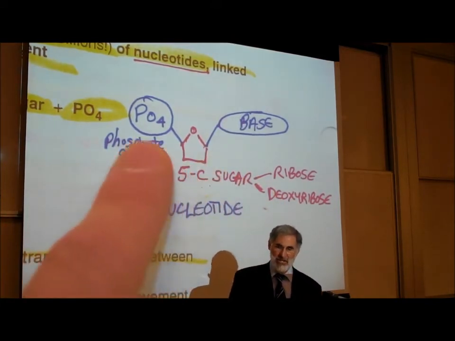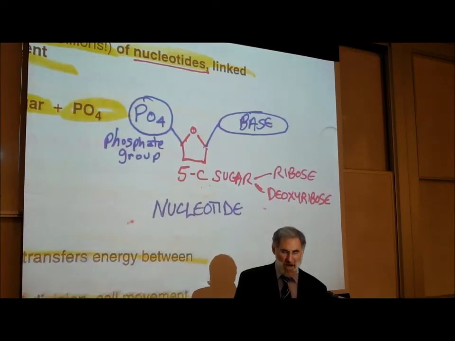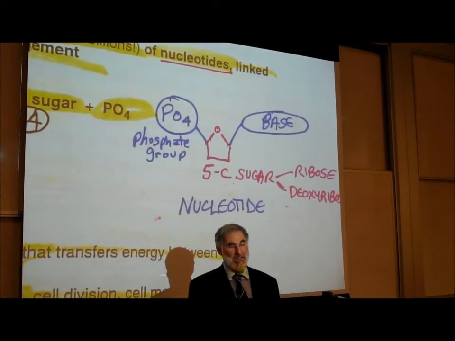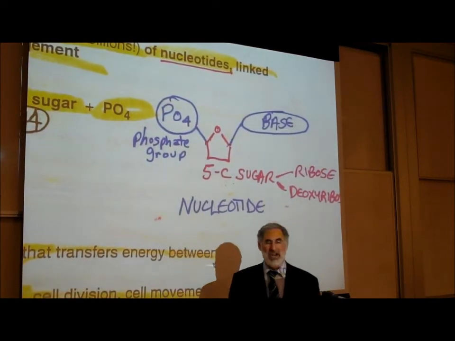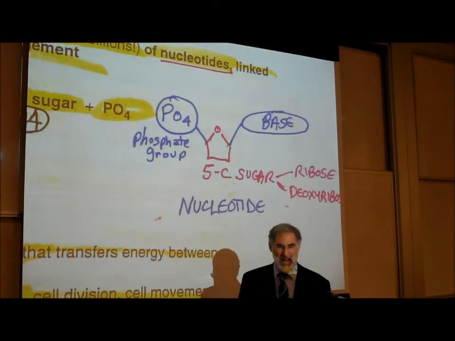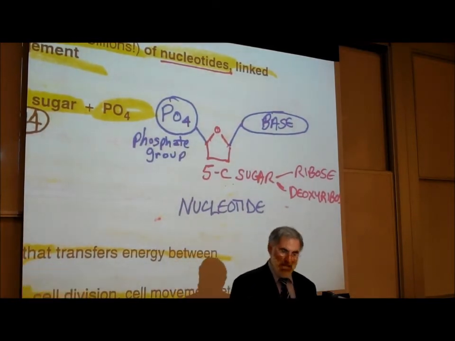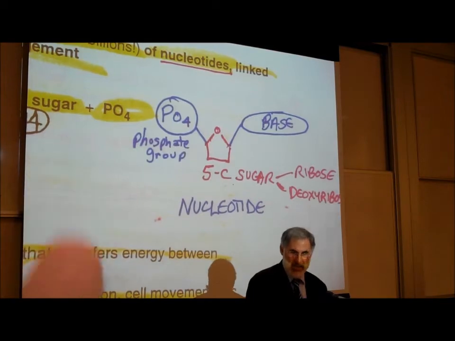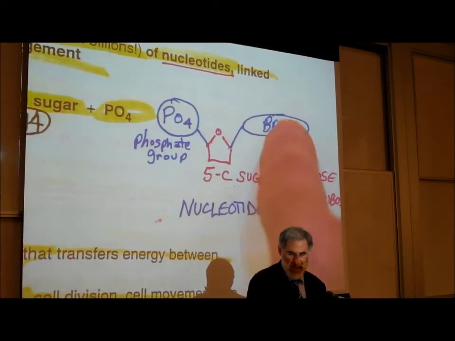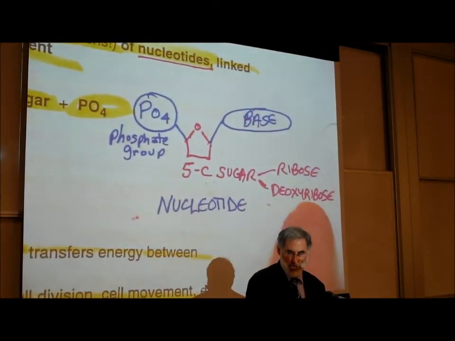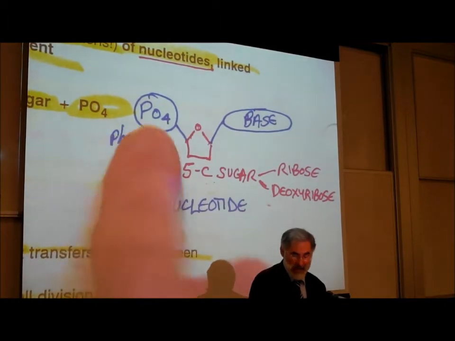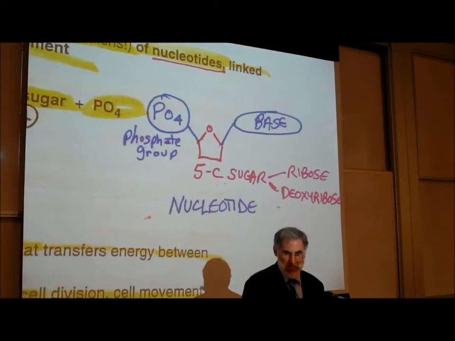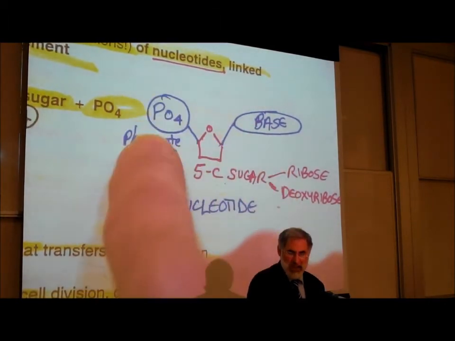And then attached to that 5 carbon sugar is a phosphate group. Phosphate, which we've learned before when we talked about phospholipids, is a phosphorus and 4 oxygens. This is called a nucleotide. It's made up of 3 things: a base, one of these 2 sugars, and a phosphate. And it might even have more than 1 phosphate. So then the question is, we understand phosphate.